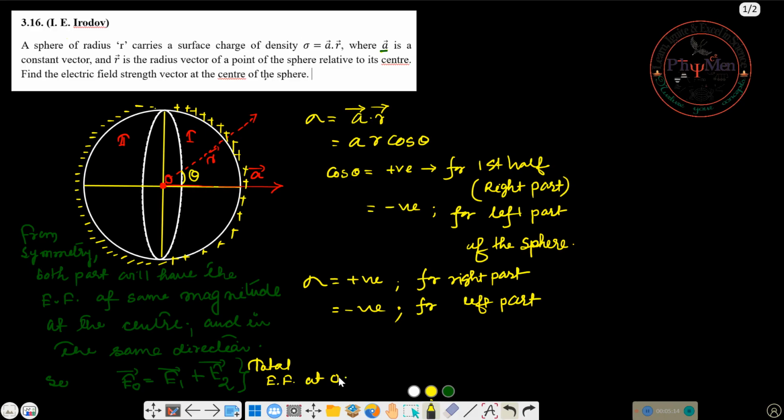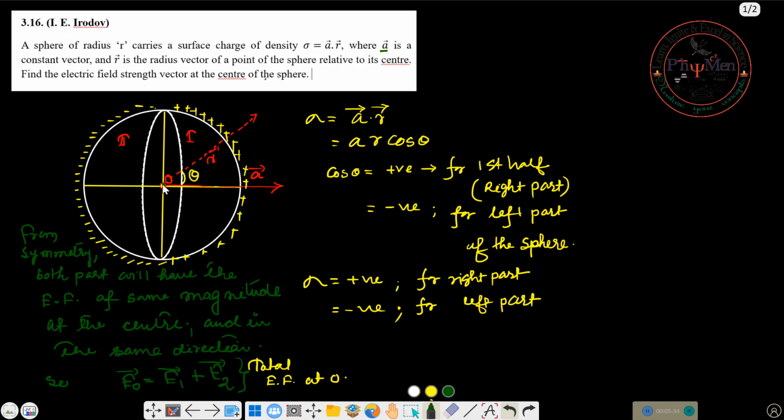Now for calculating the electric field at the center, we will first calculate it for the first part of the sphere, then multiply it by 2, because both will have the same direction.